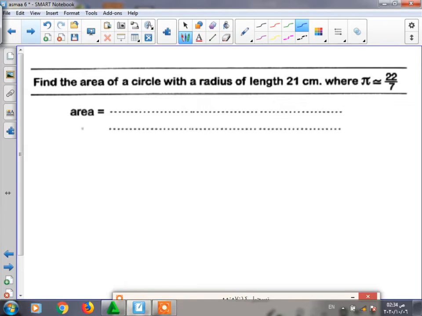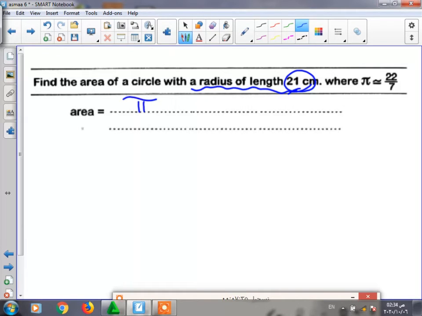The next one, find the area of a circle with a radius length of 21 centimeters, where pi is approximately equal to 22/7. Okay, now we have the value of the radius length, which is equal to 21. So go to find the area.